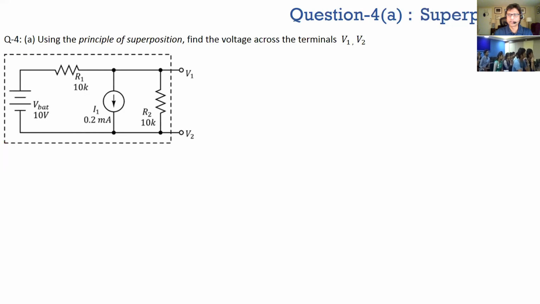So because there are two independent sources, one is the VBAT, and then I1, which is also an independent source because those are two ideal sources. When I say independent source, it means it's not controlled by some other voltages. Just VBAT of 10 volts, doesn't matter what current flows through it. I1 equals 0.2 milliamp, doesn't matter what voltage is across it.